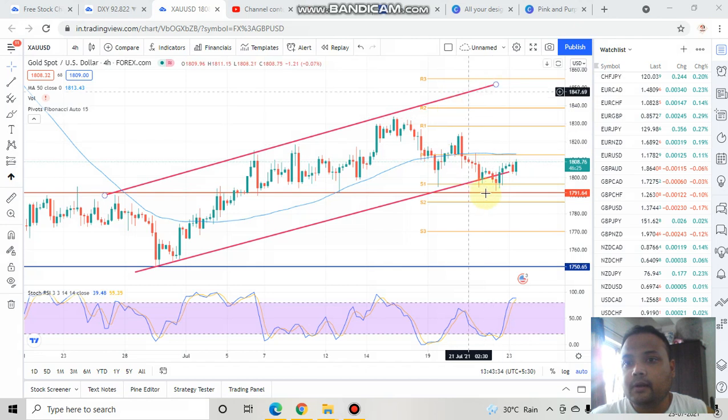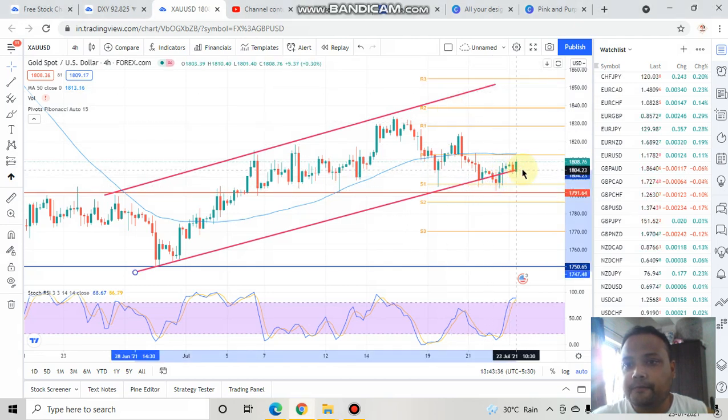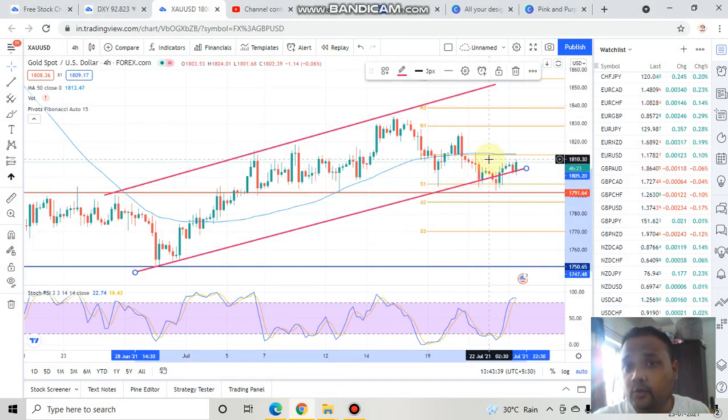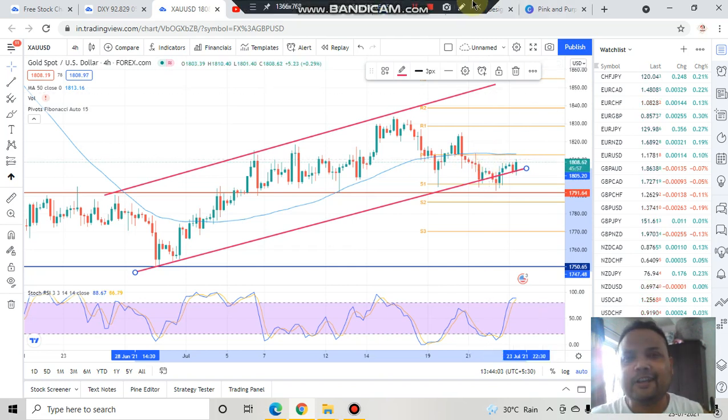You can see that this trend line, which was acting as support for the market, is still respecting or trying to hold the support level, but there is a possibility that the market may go down also, and I'm just here to share this. So if the market goes down from here, do not be surprised, because there are several conditions that will be responsible for the selling pressure in the market.